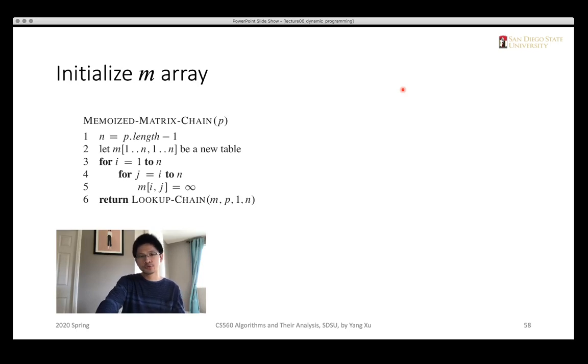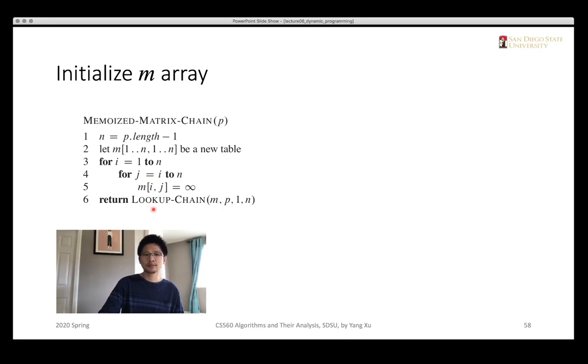We'll need to use two procedures in this top-down method. First, we implement this memoized matrix chain procedure with input p, which is the dimensions of all matrices in it. We initialize the M array as a new table, and for each element in it, for i from 1 to n and j from i to n, we simply initialize the values to be infinity, and j goes from i to n because j must be greater than or equal to i.